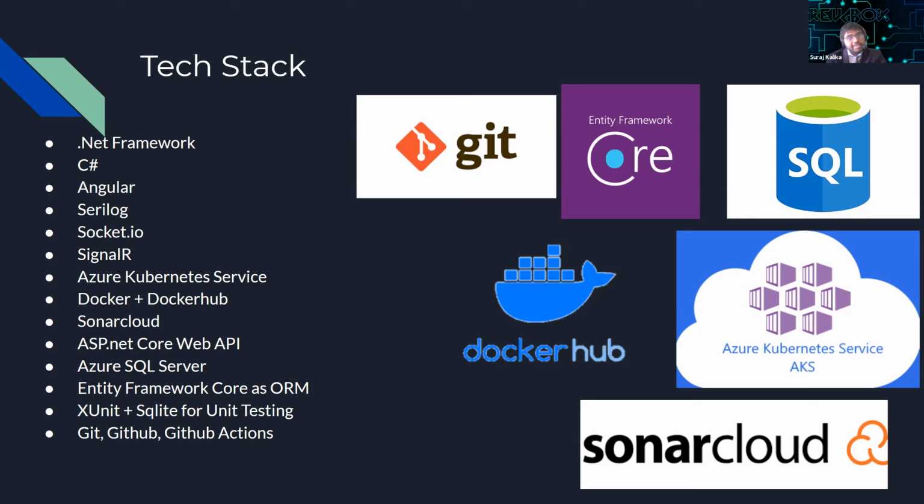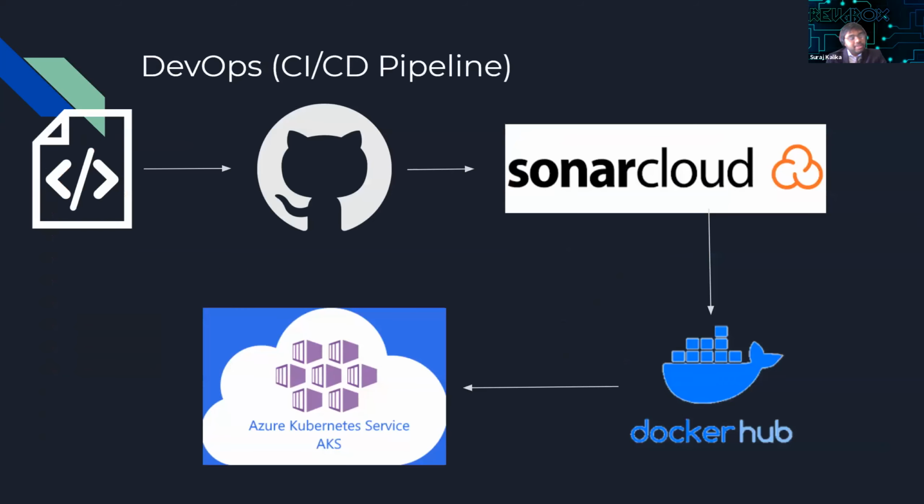Then we used XUnit and SQLite for our unit testing, Git for version control, GitHub for where we're storing our repos, and GitHub Actions is where we set up our CI/CD pipelines. We also used a Kanban board as a basic management tool to track our workload. And now I'll turn it over to Sean, who was our team lead for both DevOps and our Game Hub service.